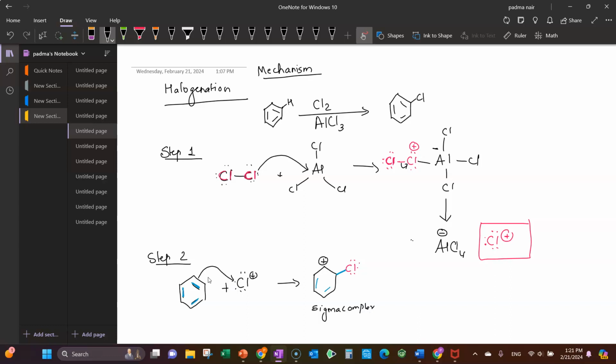So now the benzene ring has lost its aromaticity, because instead of the 6 pi electrons, now it has got only 4 pi. However, it can stabilize itself by resonance. This sigma complex stabilizes itself by resonance, and we can draw the resonance structure. How? By moving or delocalizing this pair of electrons, and the charge gets distributed at different positions on the benzene ring.